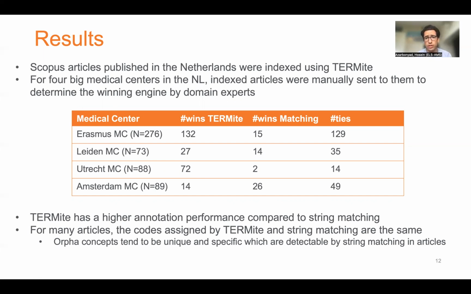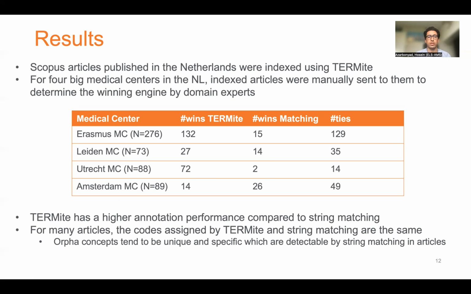And here you see the result: the number of wins of TERMite, the number of wins of string matching, and the number of ties, meaning that the diseases associated by these 2 approaches were exactly the same. It turns out that TERMite has a higher annotation performance compared to string matching for 3 out of 4 medical centers.